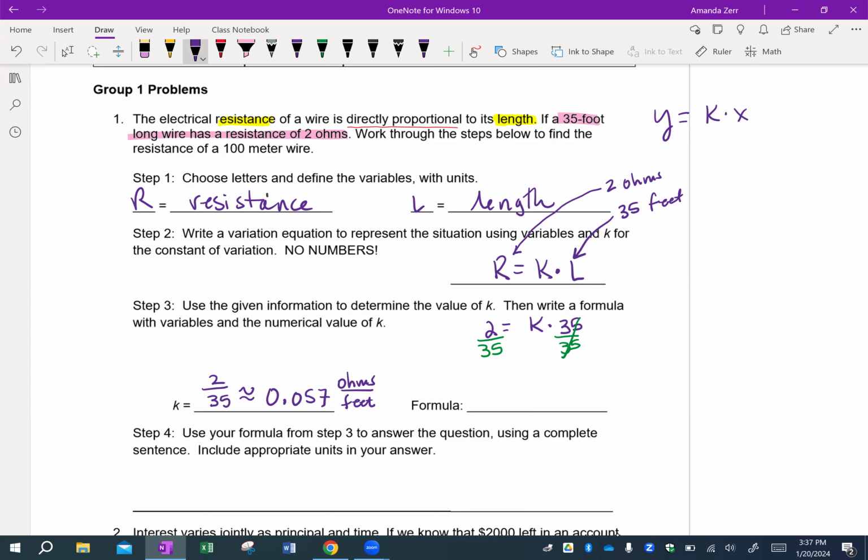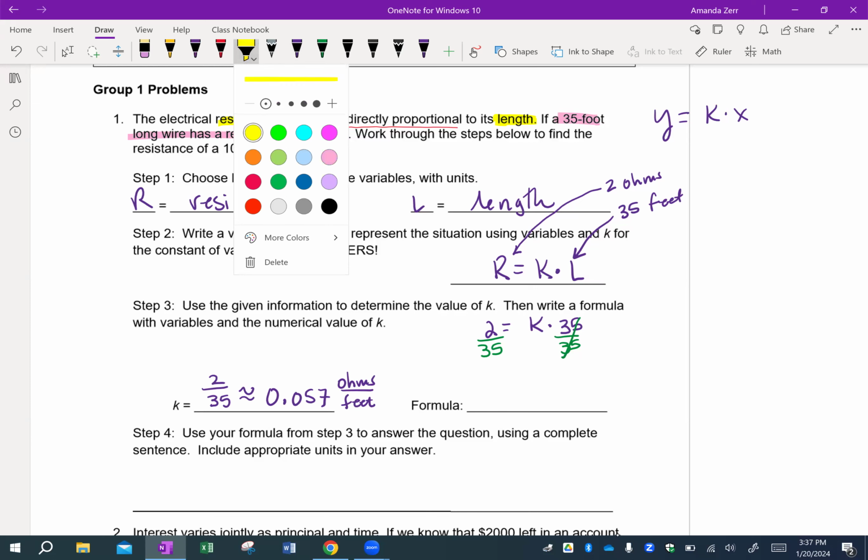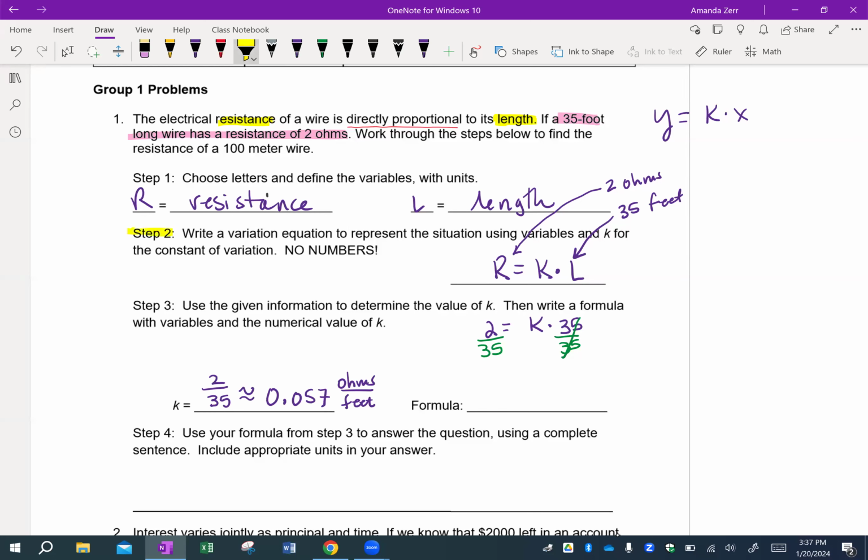Now my formula is going to be exactly what I have up here in step 2. But in step 3, because I know what k is worth, I can copy this down. It goes like this, k times L, but now I know what k is worth, so it's going to be 0.057 times L.